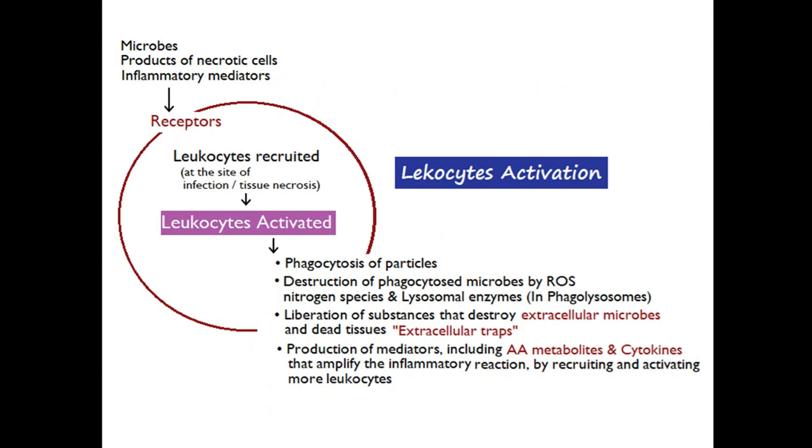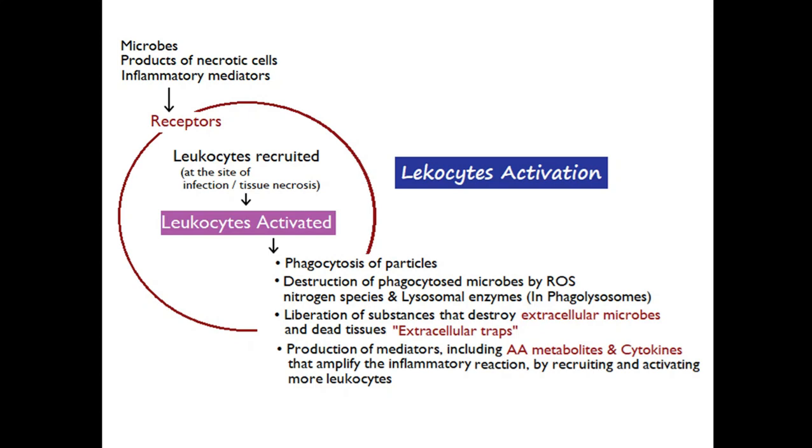Now, in the first step, the vascular changes occur in the form of vasodilation and increased permeability through which the leukocytes leave the blood and migrate into the site of inflammation. Now, the second step is the activation of leukocytes.